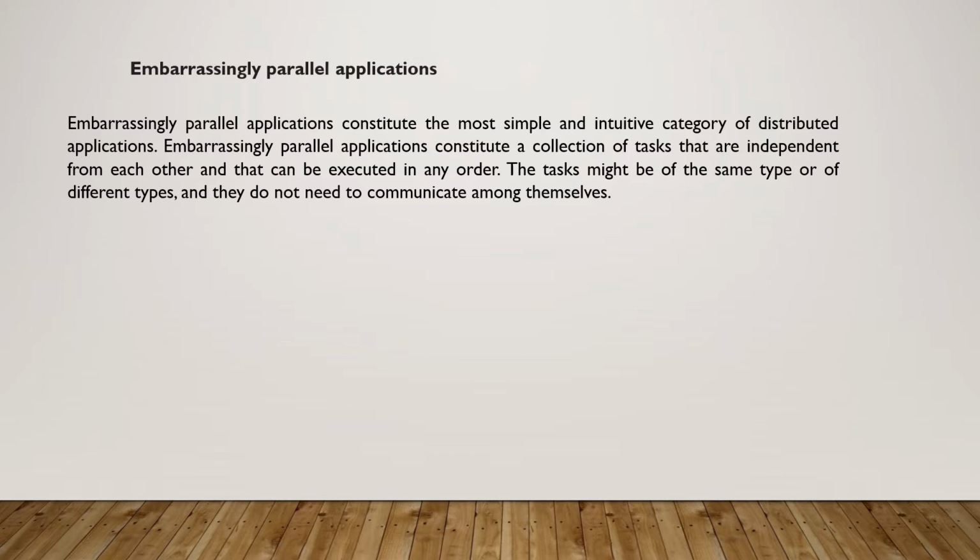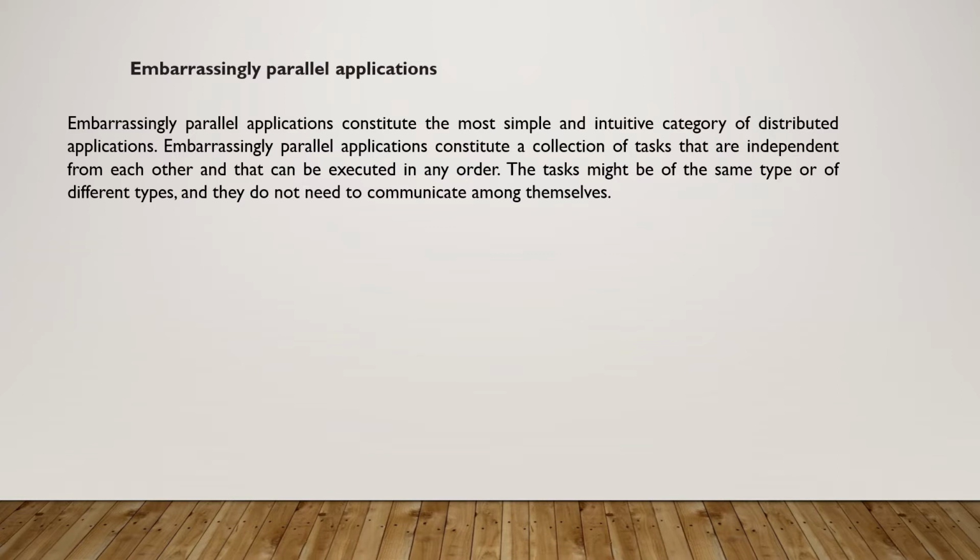Next we have embarrassingly parallel applications, which we already discussed in the previous section. They are the most simple and intuitive category of distributed applications. They are constituted by a collection of tasks that are independent from each other and can be executed in any order.